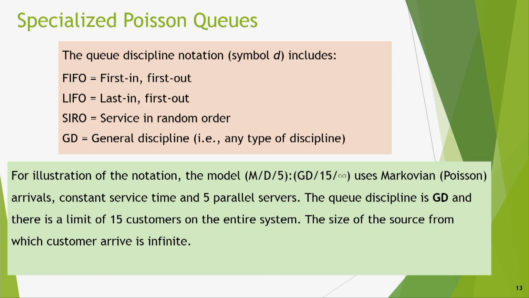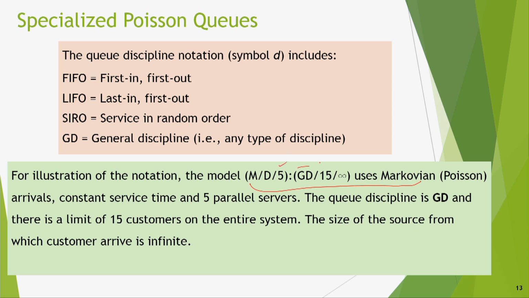For illustration, the model M/D/5 : GD/15/infinity uses Markovian Poisson arrival. So arrival is Markovian, but D is there, that is why constant service time, deterministic, and 5 parallel servers are there.